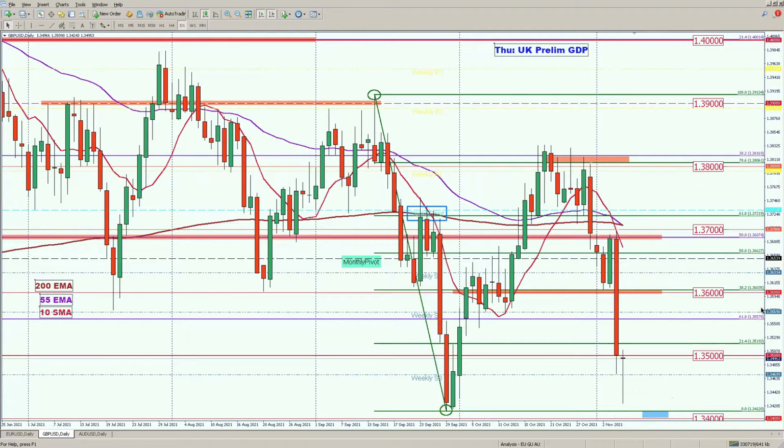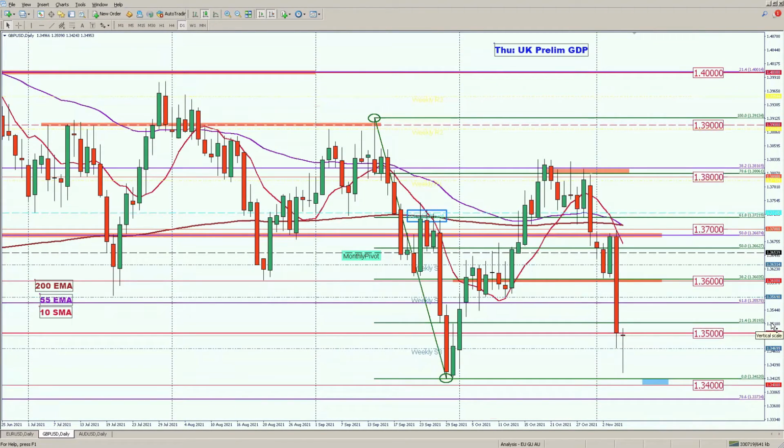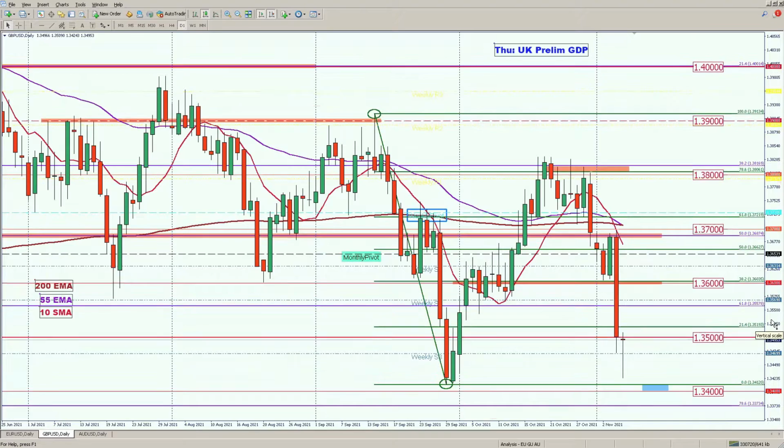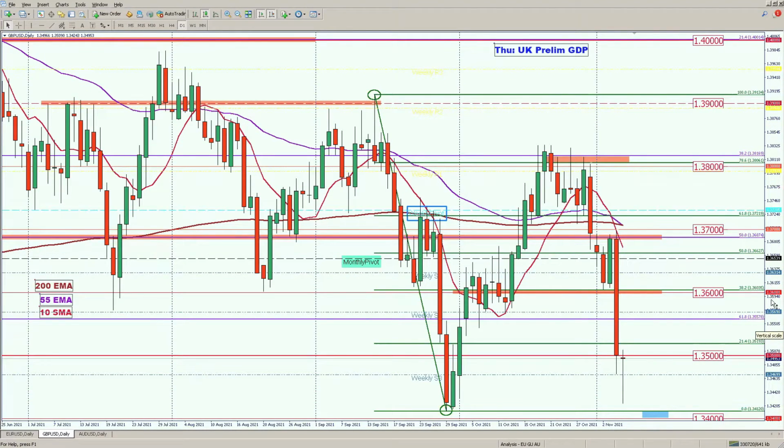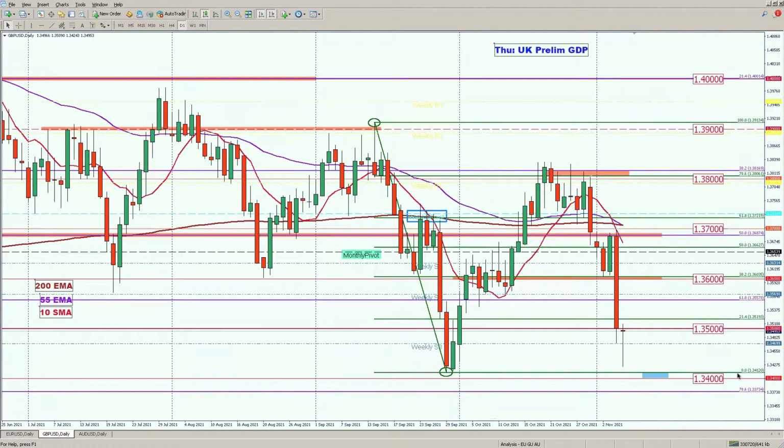That's the support zone. And just slightly below that, there's another fib on the bigger swing. That's the 78.6 fib retracement at the 133.73 area.